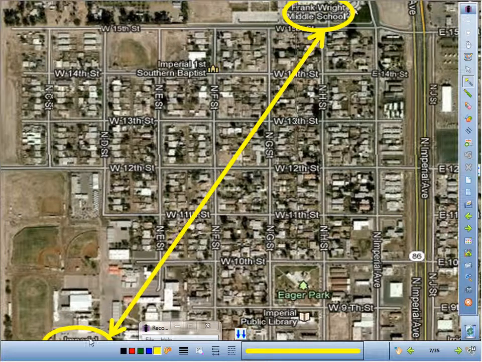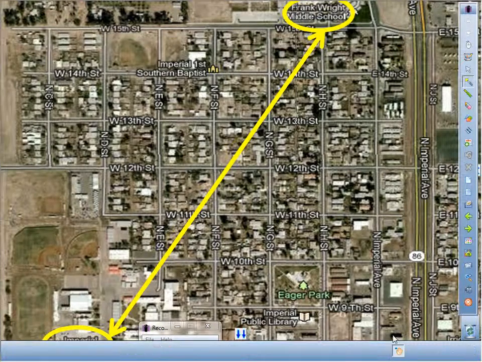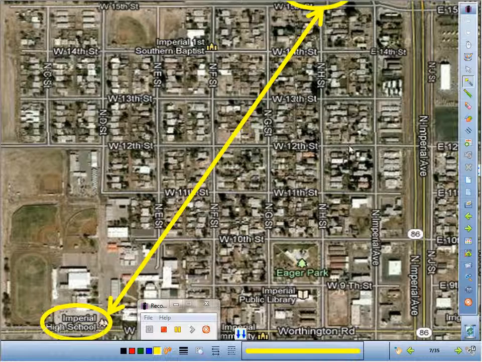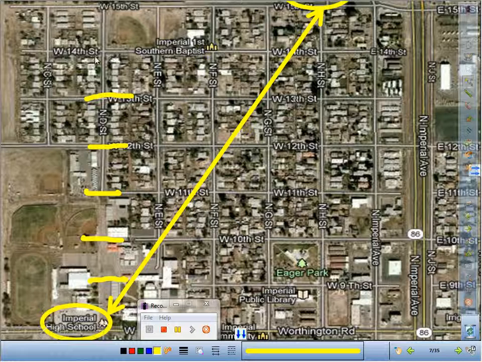This is probably as simple as I can show it. Okay, lady, here it goes. To get to Frank Wright, you're going to go from here. I see that here's one street. Go through the parking lot over here in the back, but here's one block, 2, 3, 4, 5, 6, 7 blocks. And then from here, you're going to turn and go 1, 2, 3, 4 blocks.